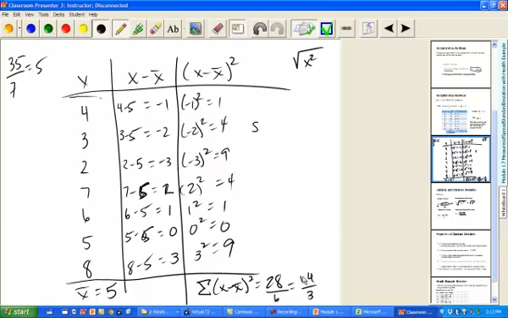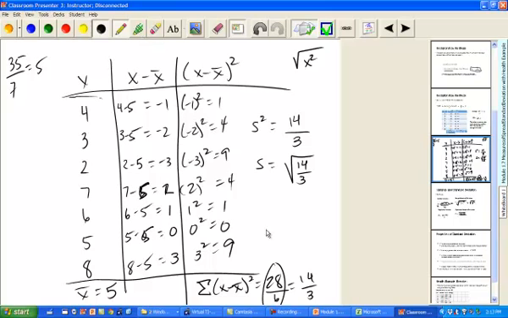So s squared is 14, which is the sum of all the (x minus x bar) squareds divided by n minus 1, which simplifies to 28 over 6, right? Simplifies to 14/3. Therefore, s is the square root of that number.